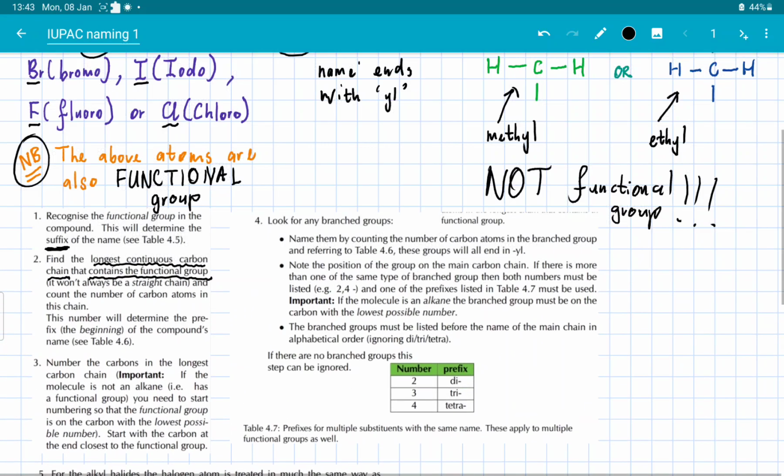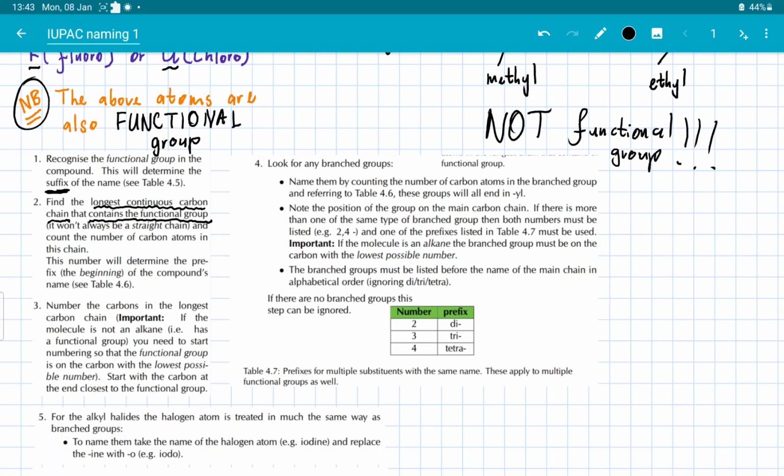I go to rule 3. Rule 3, number the carbons in the longest continuous chain. The part I did mention, number the carbons in the main continuous chain. If it is an alkane, don't count it as a functional group, because alkanes are just those single bonds.